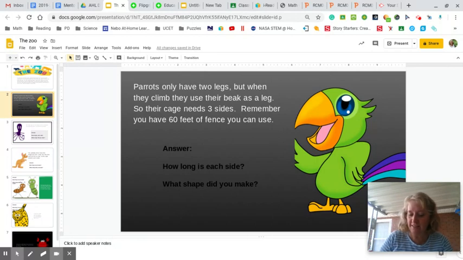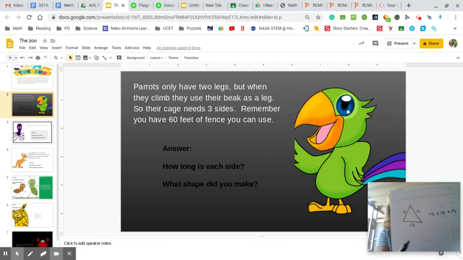There's 3 sides. One side could be 15, another side could be let's say another 15, that's 30. And then if I want to do another 15, 15 plus 15 plus 15, what would that be? Okay, so here it is.